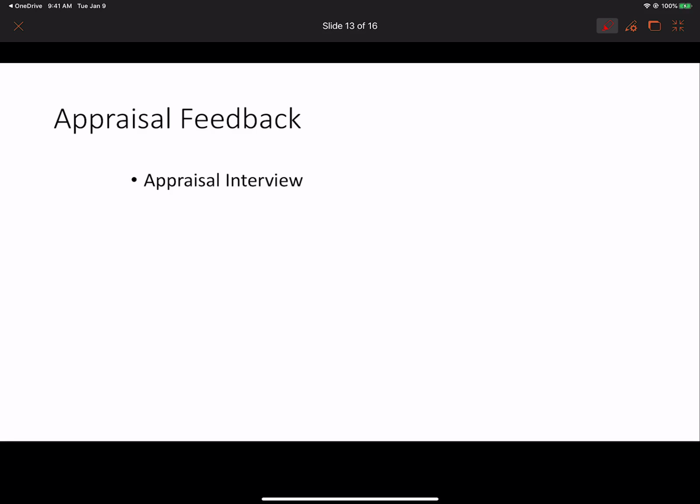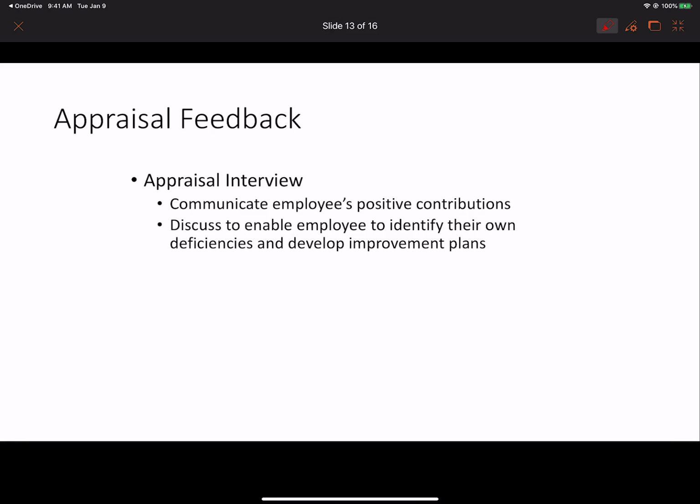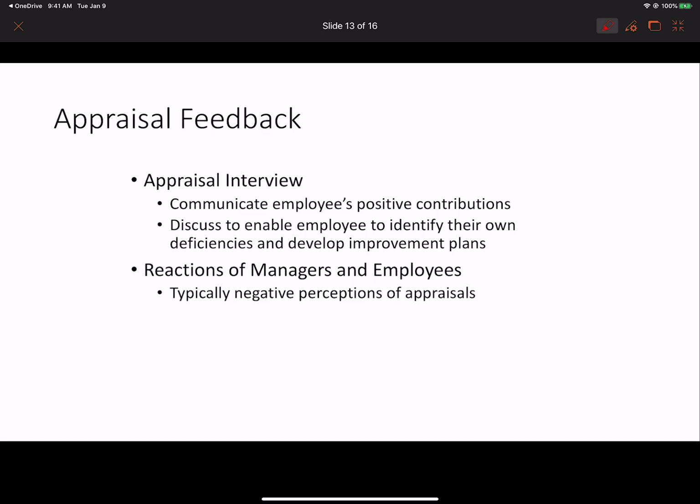Now, appraisal feedback. You have an appraisal interview where you communicate employees' positive contributions and you discuss their performance with them to enable them to identify their deficiencies and develop plans of improvement. And reactions of managers, employees. There's typically a negative perception of appraisals, but there shouldn't be.